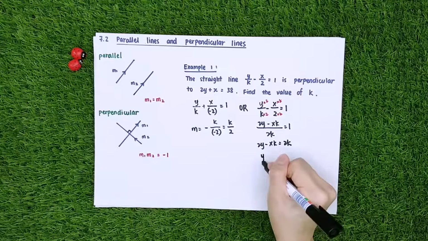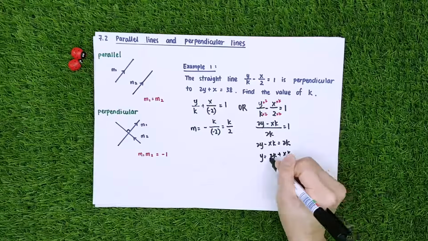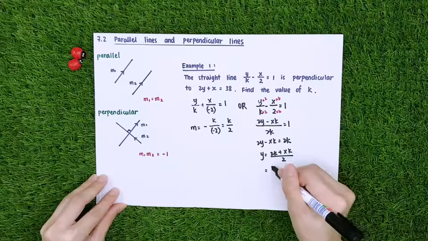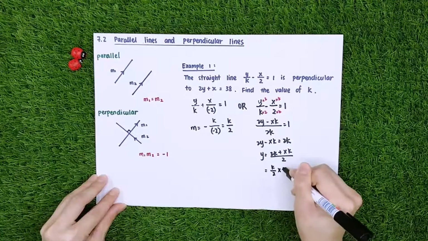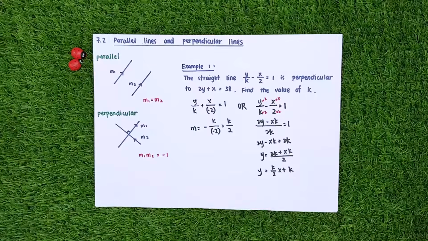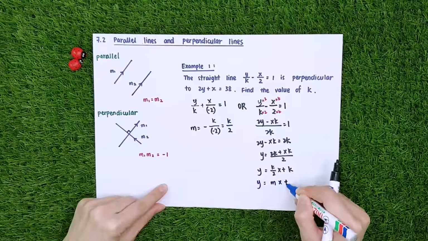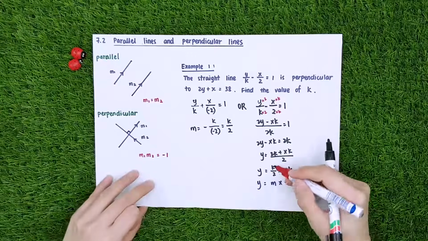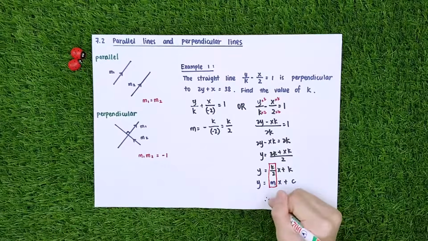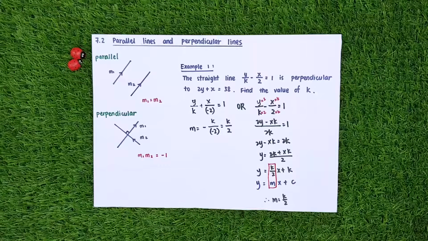And then y equals 2k plus xk over 2. So I have to rearrange the equation to become k over 2 x plus k. Then I will compare it with the equation of the straight line, which is y equals mx plus c. By comparison, I know that my gradient is k over 2. You can use either way to find your gradient.